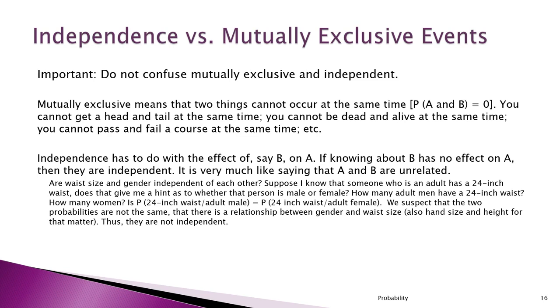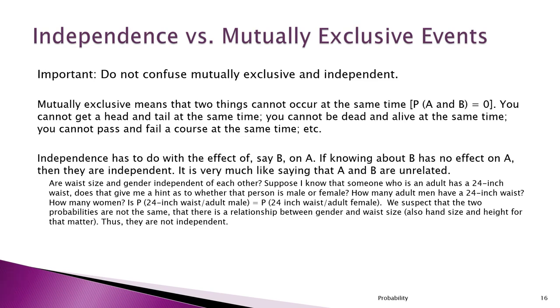When you do the probability of a 24-inch waist in general, you're combining males and females. So the minute I know that somebody has a 24-inch waist, I'm quite certain that they're highly likely to be female. Very few men have a 24-inch waist. So that's another way of seeing this idea of relationship and independence.